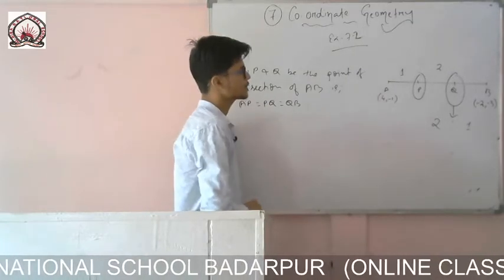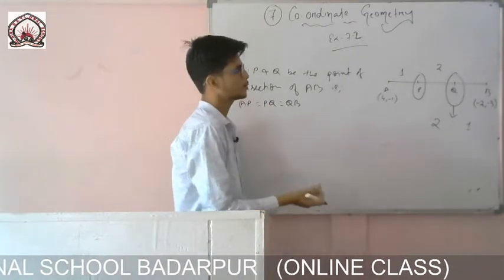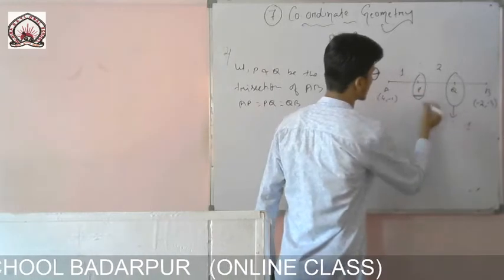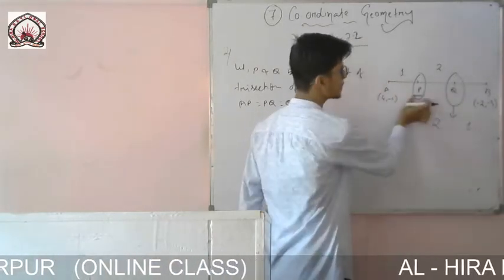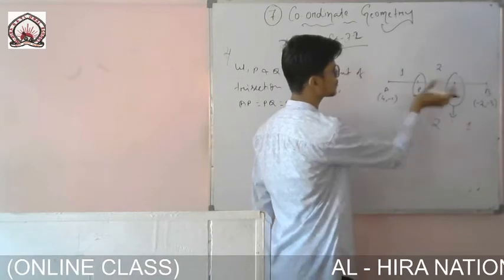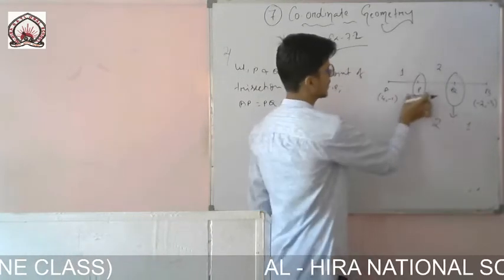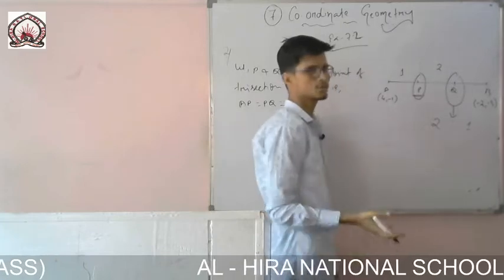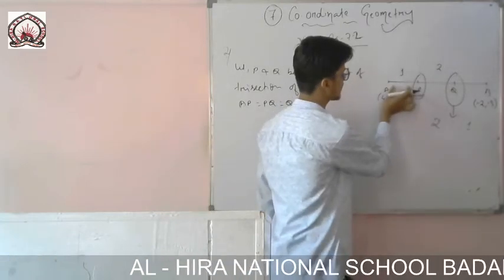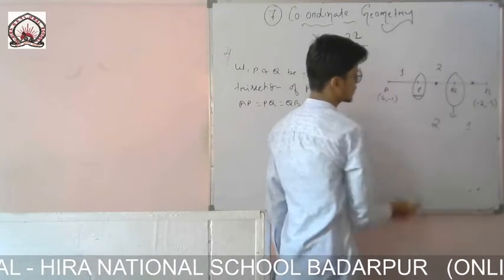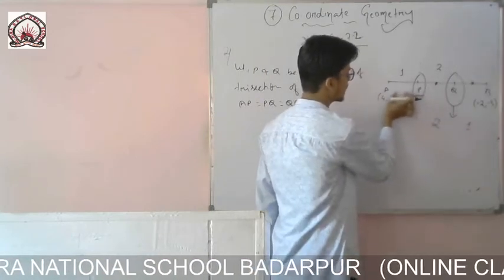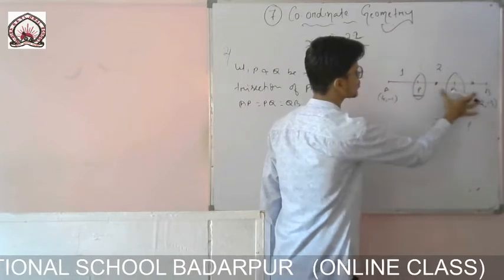So now the question is to find both coordinates. Again I am saying, you see here, the line is divided into how many parts? Three parts. If I want to find the coordinate of P, I have to understand in what ratio P divides the line. You see here, there is only one part on this side, and how many parts on the other? Two. So P divides this line in the ratio 1:2.